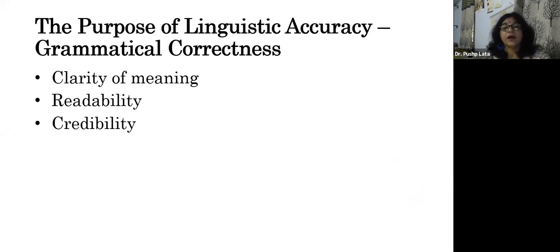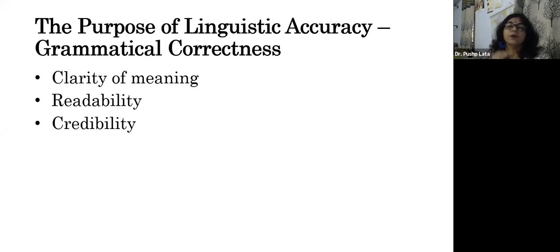And I caution you, please do not rely on Grammarly or other checkers. If at all you use them, go through whatever suggestions it has given you, and see whether in the context you accept them or not. If you do not agree, please do not accept them, because there are certain problems with Grammarly and other platforms.